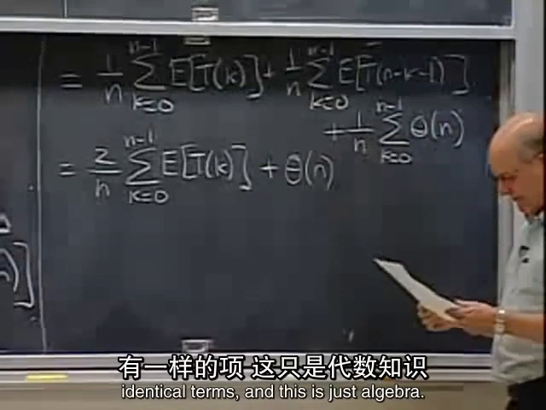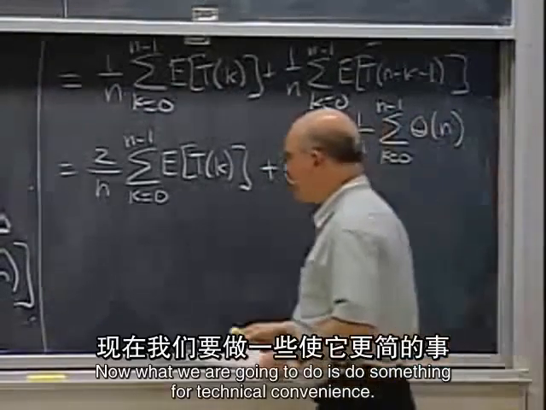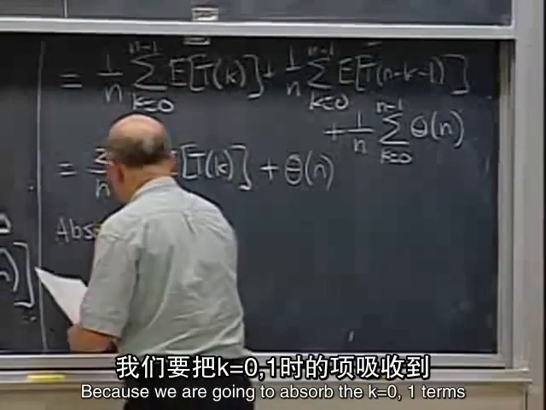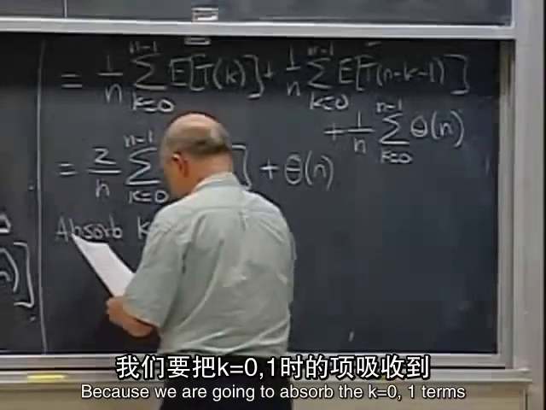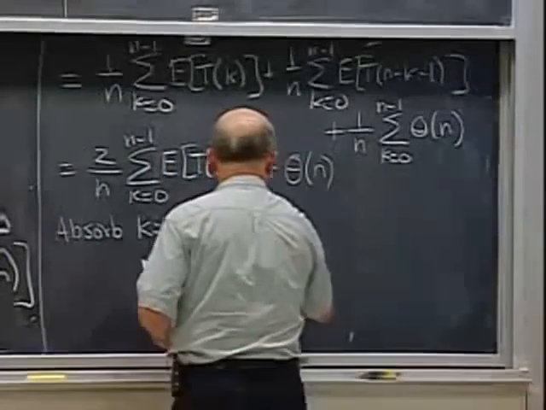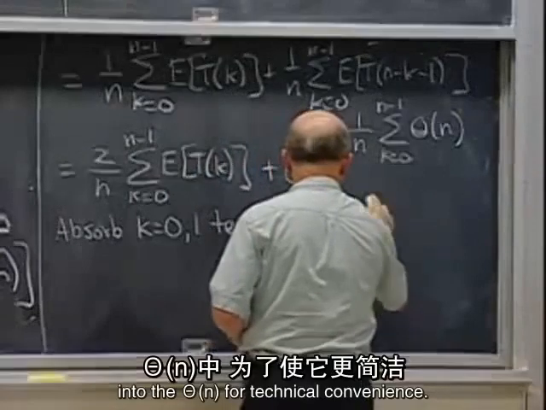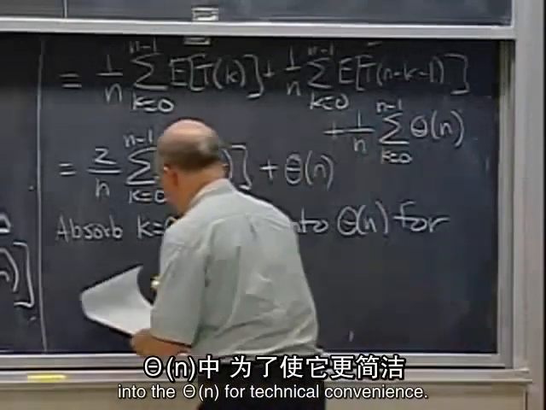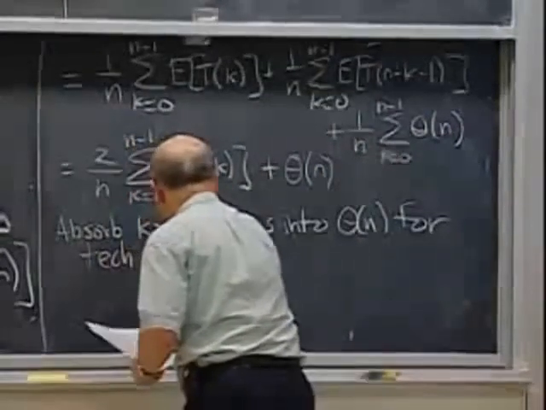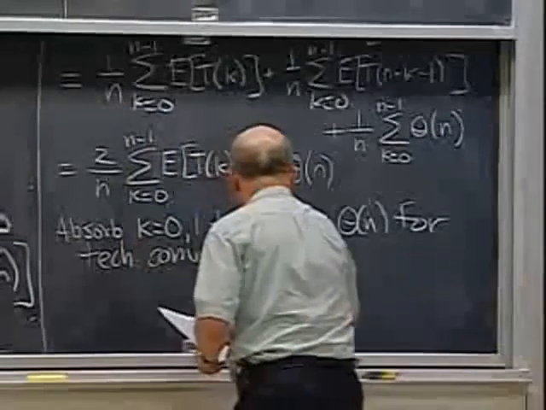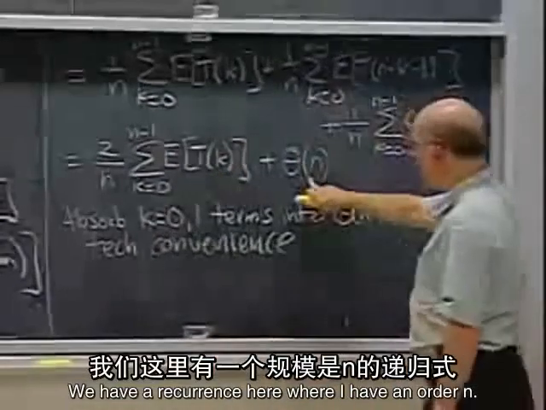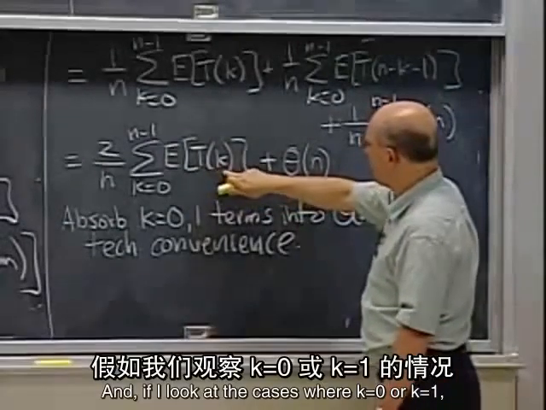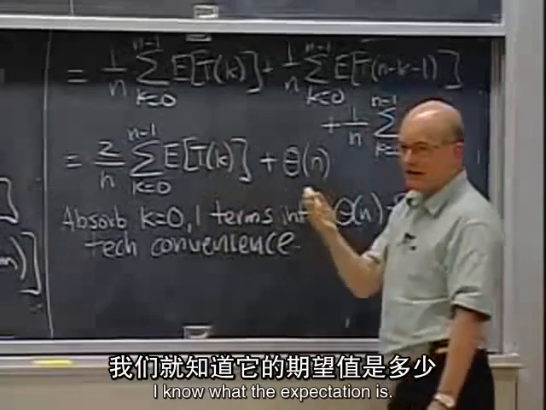Okay, so now what we're going to do is something for technical convenience: we're going to absorb the k equals 0 and 1 terms into the theta n. So we have a recurrence here where I have an order n. And if I look at the cases where k equals 0 or k equals 1, I know what the expectation is for 0 or 1.